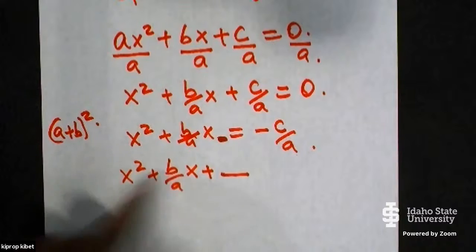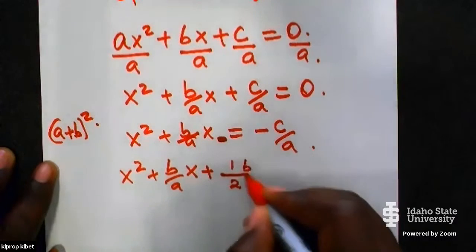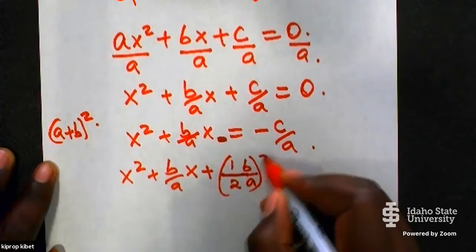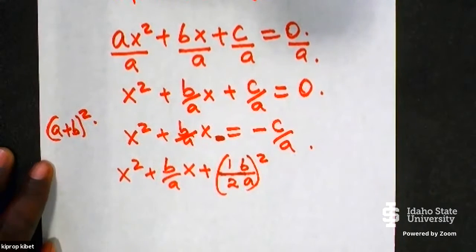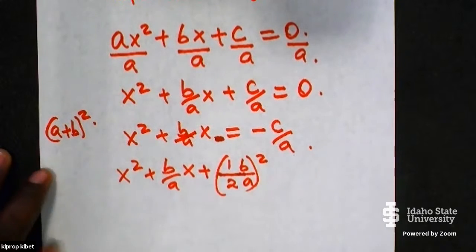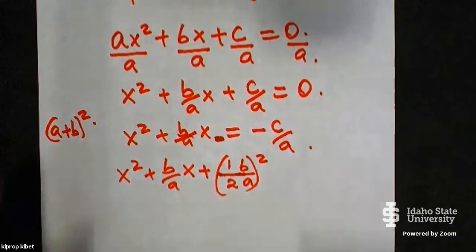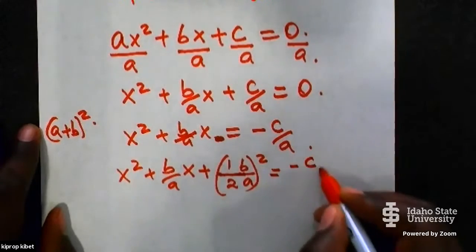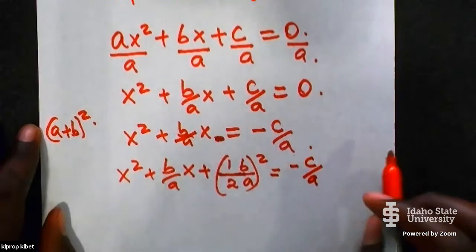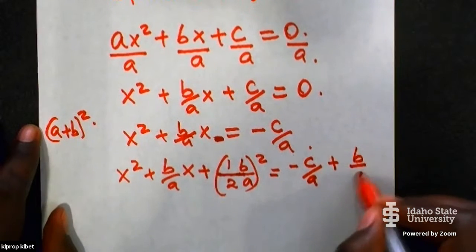So half of b all over a, and then you square. What you do here, you do it on the other side. So equals minus c all over a plus b all over a, half of this, squared.